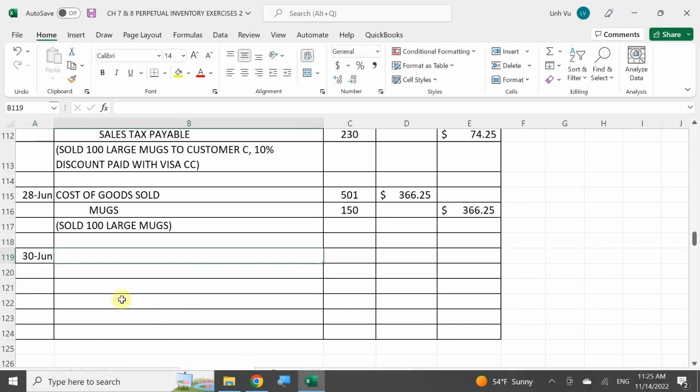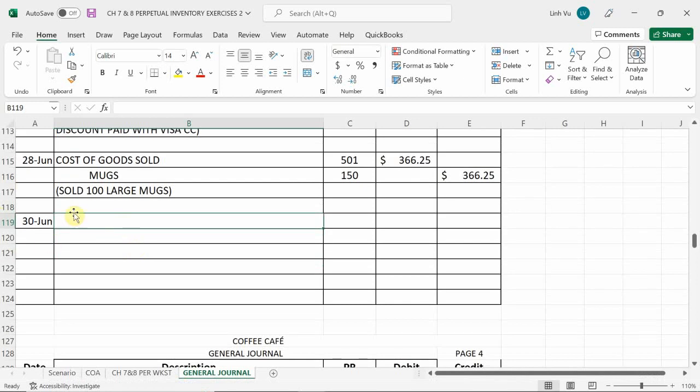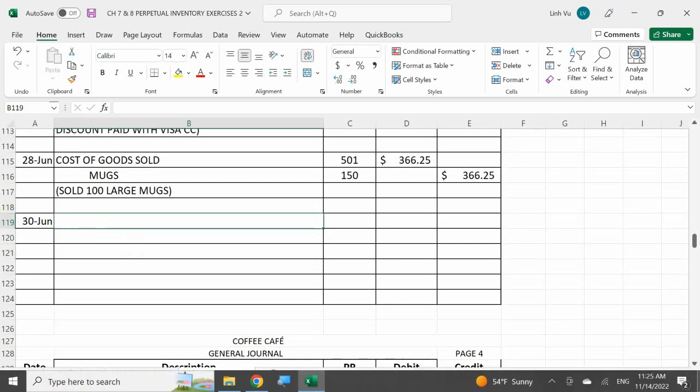So the first account that I have to gather here is that I'm paying off my liability, which is going to be my accounts payable, okay? Next thing I'm going to do here is I need to take my discount out from my mugs. And then the next thing I'm going to do here is I'm going to pay from my checking account, all 3 bills.